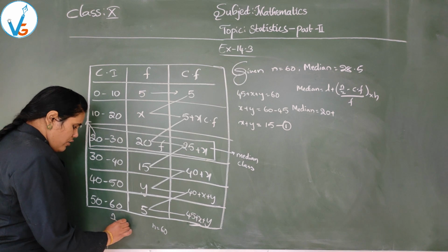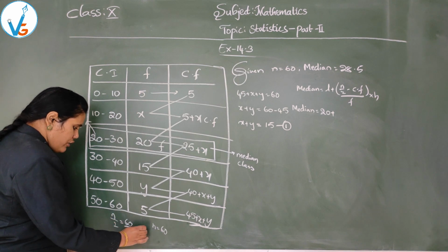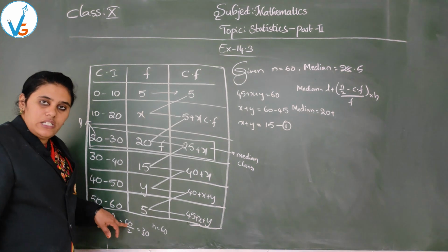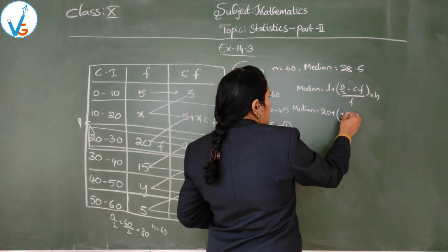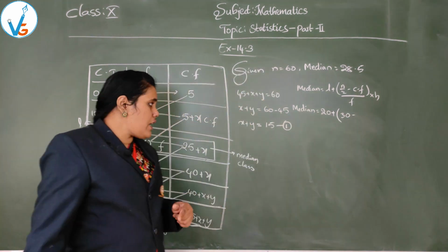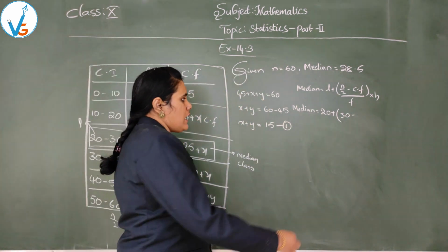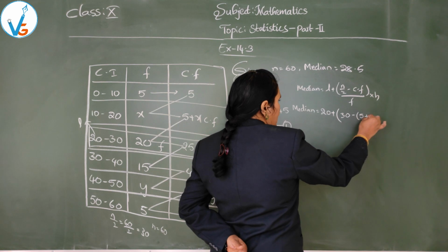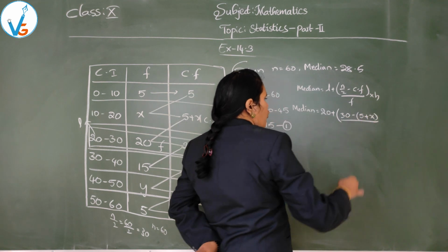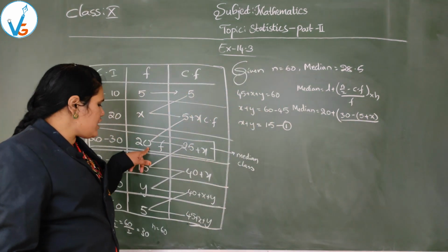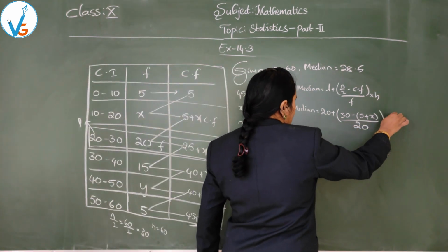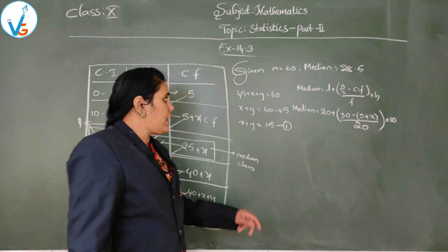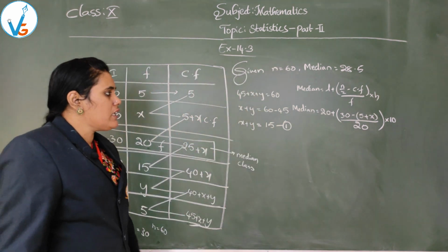N by 2 is equals to 60 by 2, which is equals to 30. Because 2 3s is 6. So now here 30 minus what is your CF over here? 5 plus x. You have to write it in a bracket as 5 plus x. By what is your f over here? F is 20. Next, what is your h? H is 10. Class difference is 10. Why? Because 10 minus 0 will be 10.